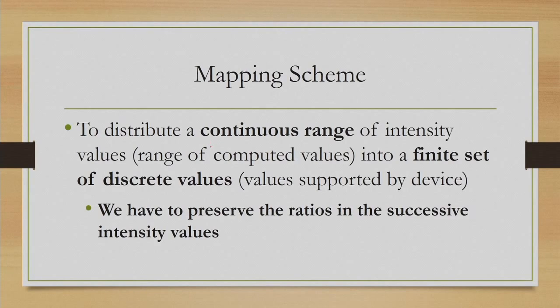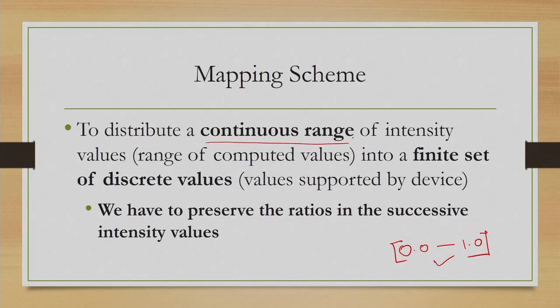Recall that we are given a continuous range of values between 0.0 and 1.0. This is our range of computed intensity values, computed using a lighting or shading model. On the other hand, the device supports a set of discrete values because the frame buffer is designed that way, and we are supposed to map this continuous range to that set of discrete values.